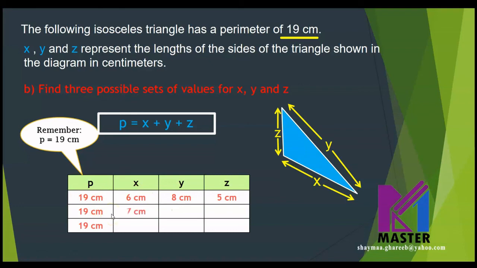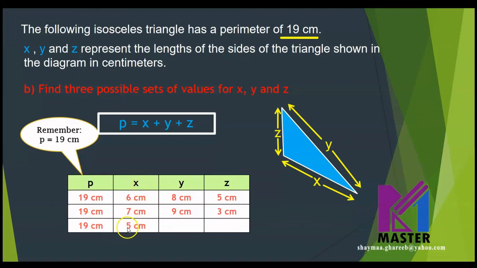So let's try another value for the x. We can use the 7 with the 9. So 7 plus 9 is, yes, 16. Then I need 3 for the z to complete it to 19 centimeters. And one more trial.